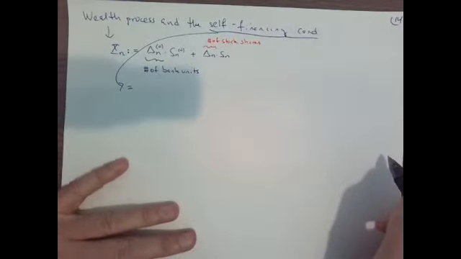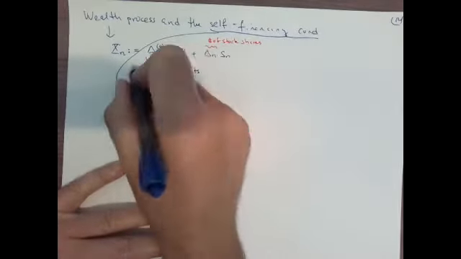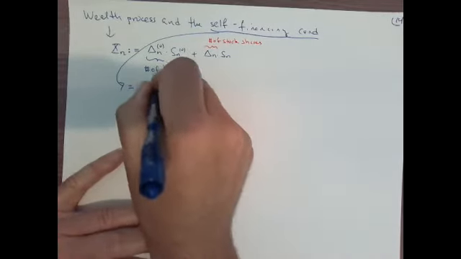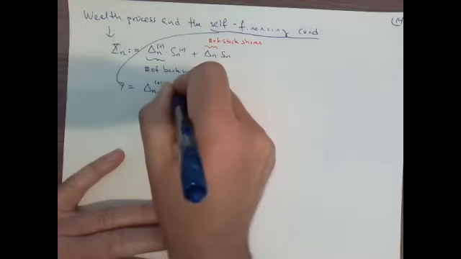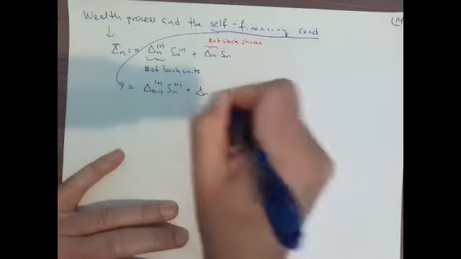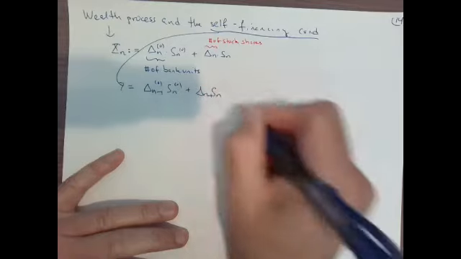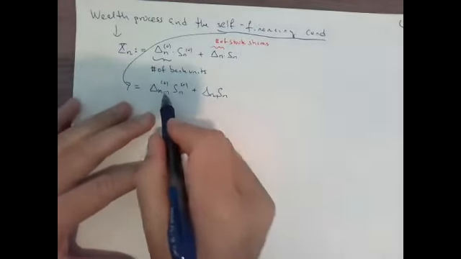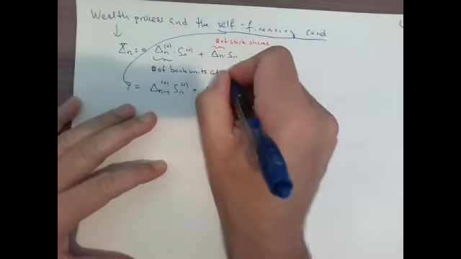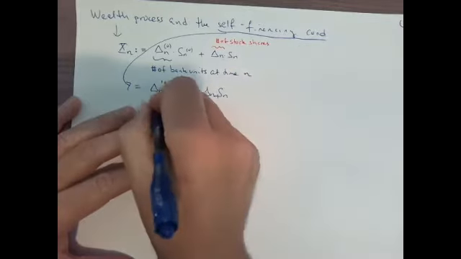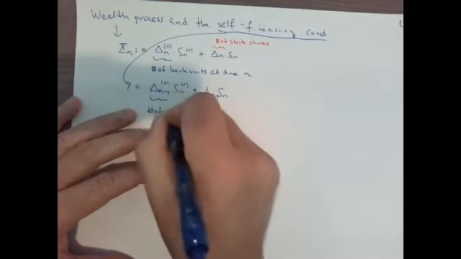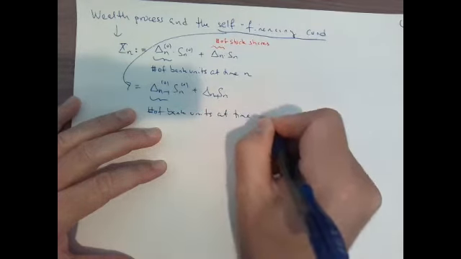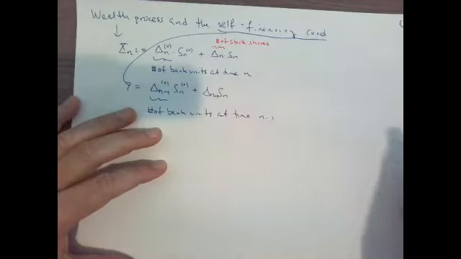The self-financing condition says that your wealth at time n can be computed using the holdings you have in the previous period according to this formula. These are the previous holdings, the previous number of bank units. This is the number of bank units at time n minus 1, and the same thing with the stock.